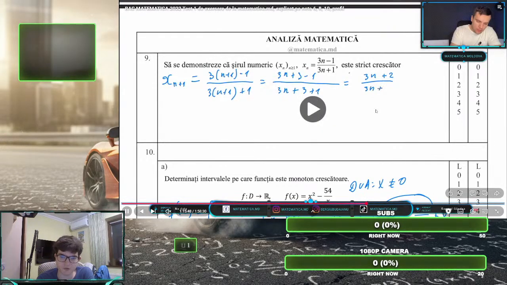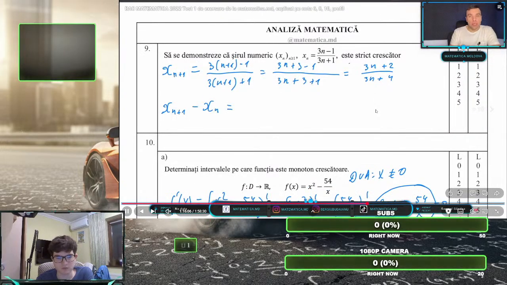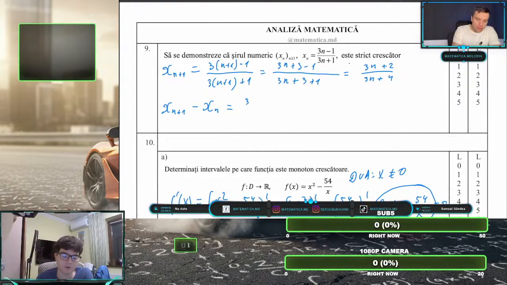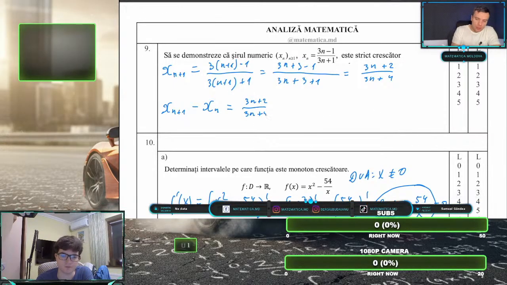So again, we have plus 2, plus 4 there, right? Plus 1, boom. So, 3n plus 2, 3n plus 4, 3n minus 1, 3n plus 1.